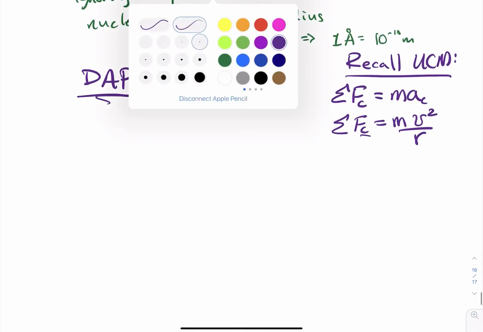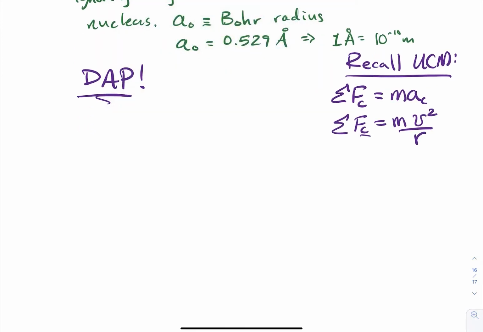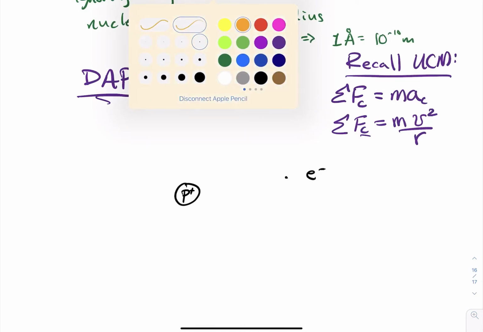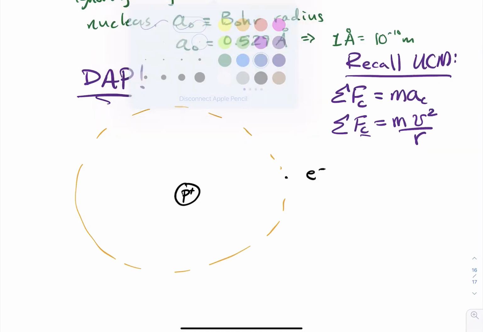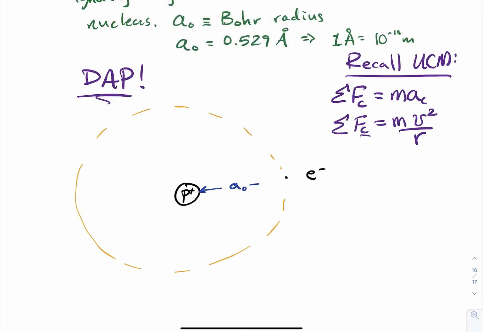So going into our picture, we're going to draw a cute little proton. There it is, with an even cuter electron orbiting it. And that electron, we're assuming, will move in uniform circular motion around the proton. That's a little bit more angular, but pretend it's a circle. We know that the distance between the electron and the proton is the Bohr radius.